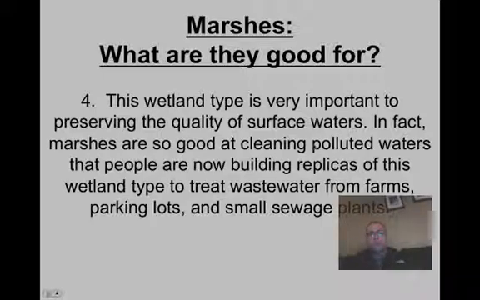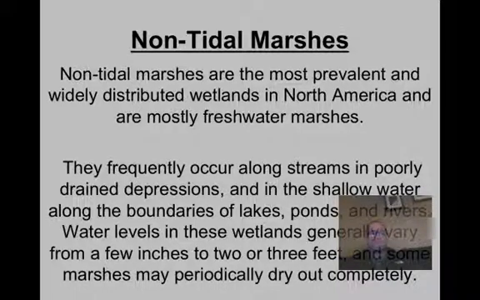So preserving the quality of surface waters is a main point here. They're so good, we found that we were actually building marshes and other types of wetlands to treat wastewater from farms or parking lots or small sewage plants.